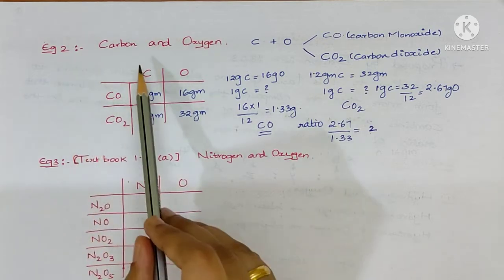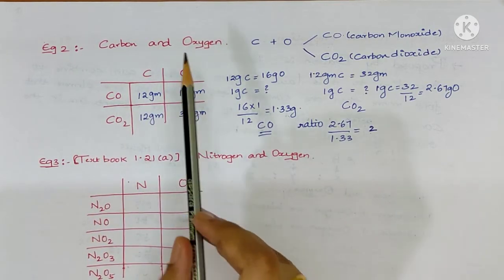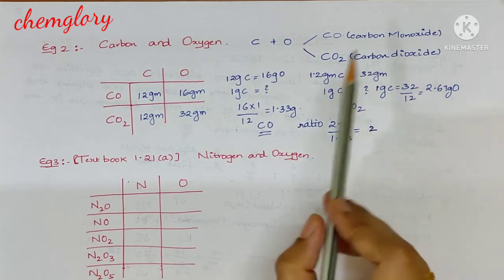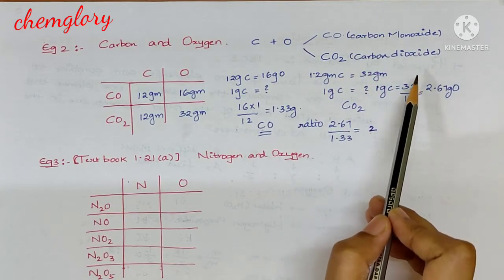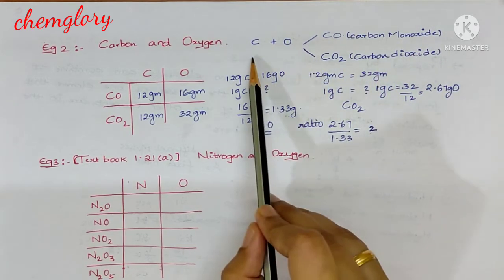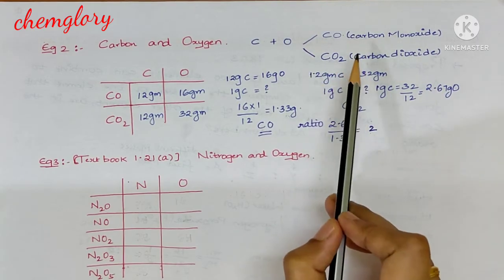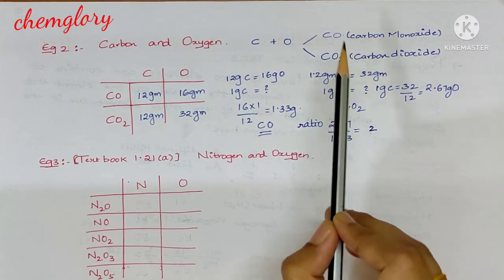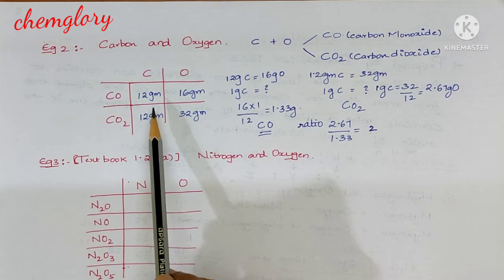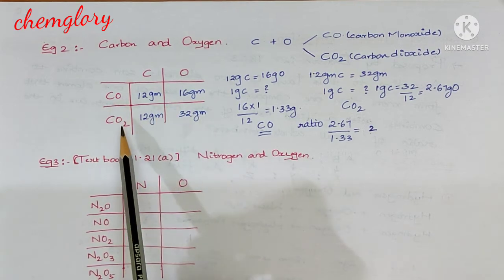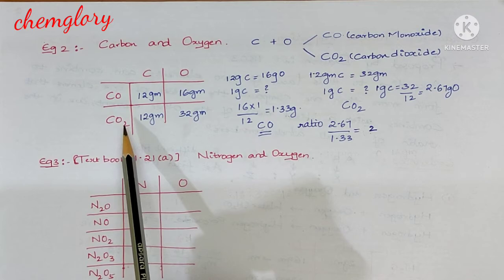Second example, carbon and oxygen. Here carbon combines with oxygen to form carbon monoxide and carbon dioxide. See students, two elements combine to form more than one compound. Let me draw a table and find the masses of each element in two different compounds.